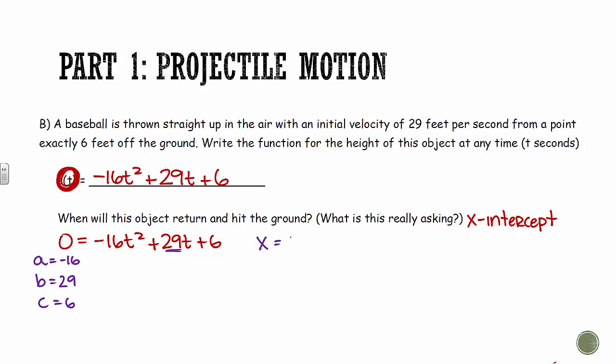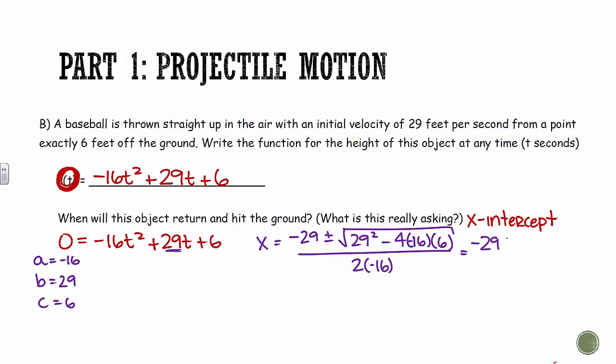So x equals the opposite of b, plus or minus the square root of b squared minus 4 times a times c, and it's all over 2 times a. So if we break out our calculators, we have the opposite of 29 plus or minus the square root of 29 squared, and then we have 4 times 16 times 6.